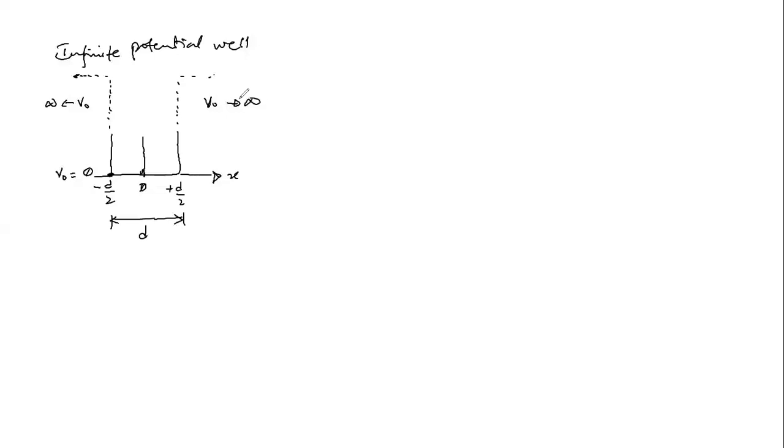Or if we put this differently, it means that region 1 and region 3, this being region 1, region 2, then region 3. Recall that this extends to infinity as well. We call this E.